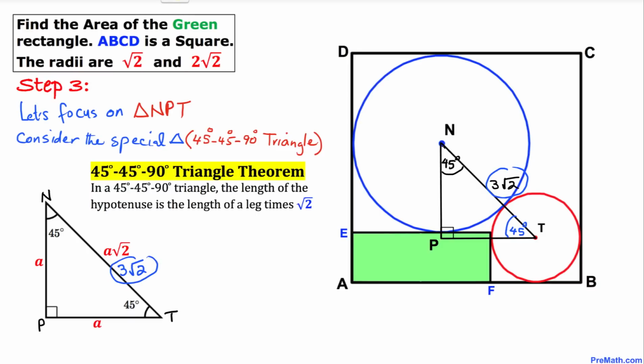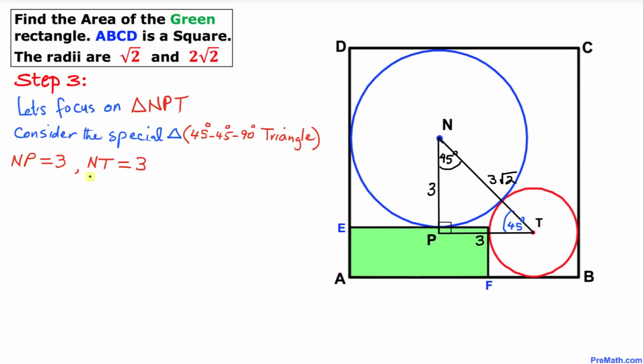That means our A value is simply 3. So this side NP is going to be 3 units and this side PT is going to be 3 units as well. Thus the line NP has a length of 3 units.